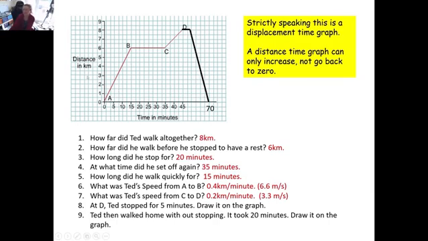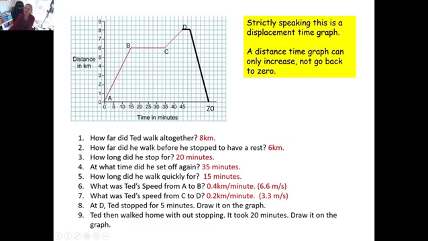But for the content of your GCSE, we describe this still as a distance time graph, and a positive slope like this means you are moving away from your starting point. A negative slope means you are moving at a constant speed, returning to the point at which you have started. So just bear that in mind.